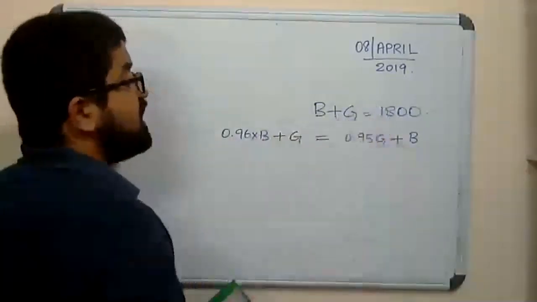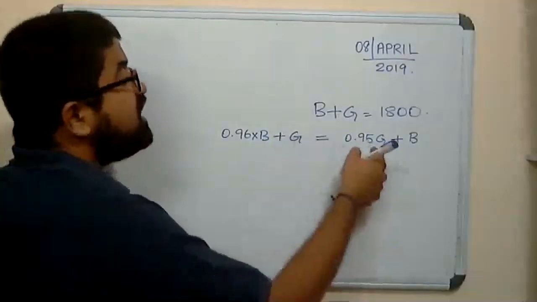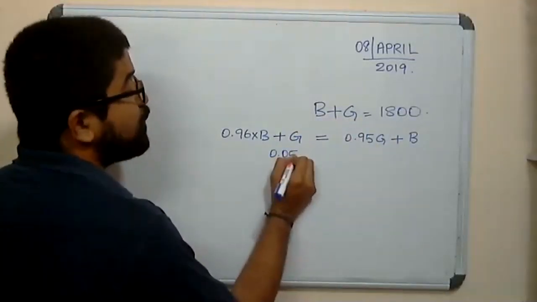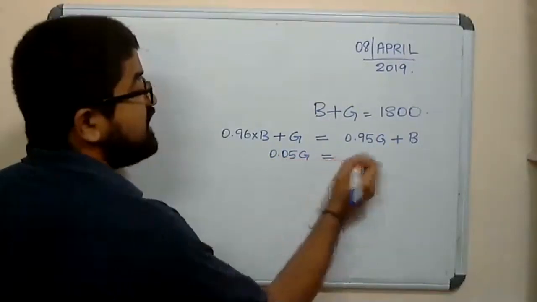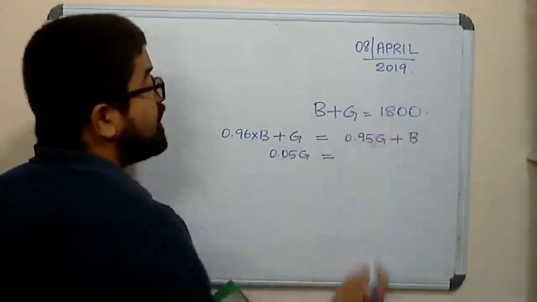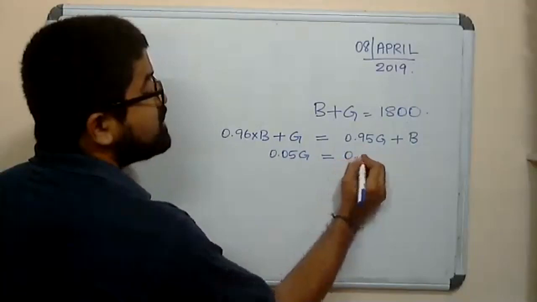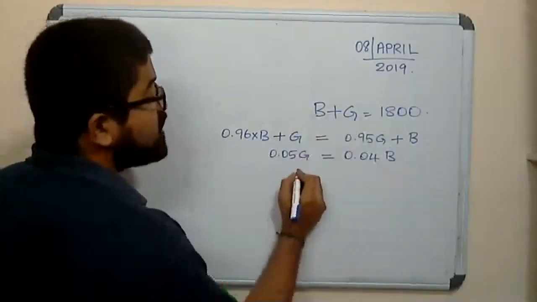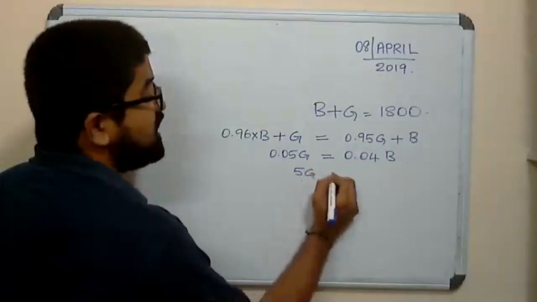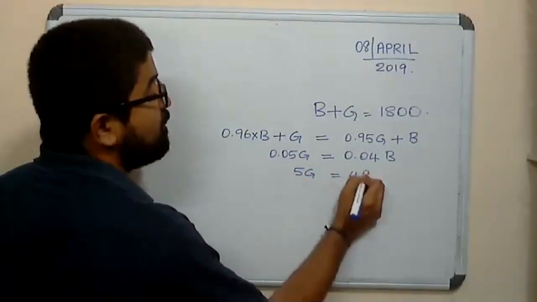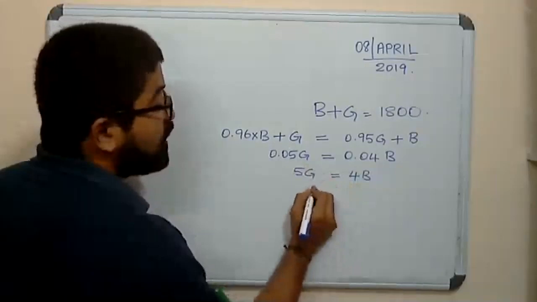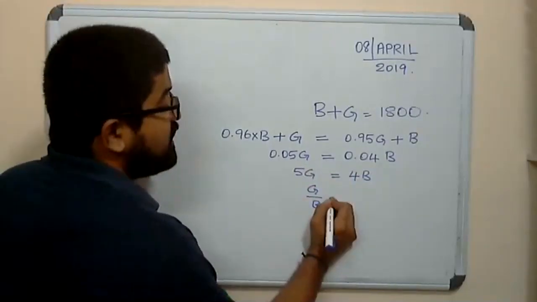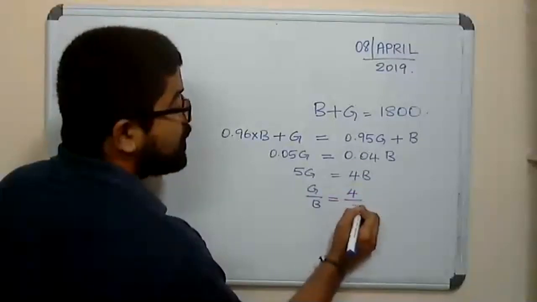So with this, I can now conclude that G minus 0.95 G, that comes to 0.05 G, is equal to B minus 0.96 B, that comes to 0.04 B. So upon simplification, I can see that 5G is equal to 4B, or I can conclude that G upon B is 4 upon 5.